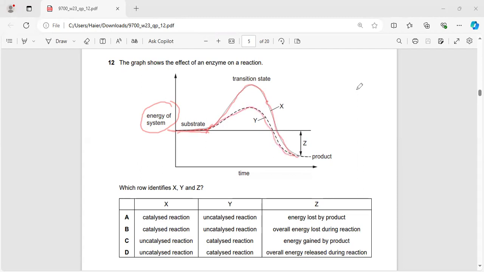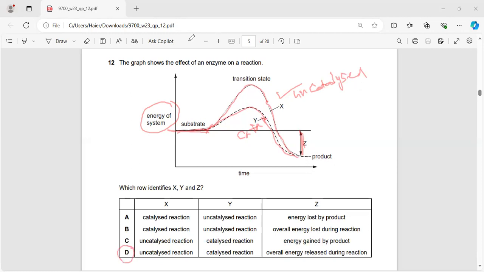So here X is the uncatalyzed reaction, and Y is the catalyzed reaction. And Z is the overall amount of energy released during this reaction. So according to this information, D is the correct option.